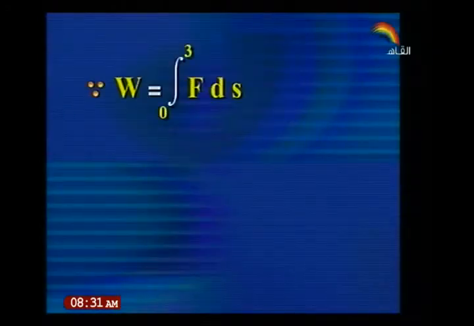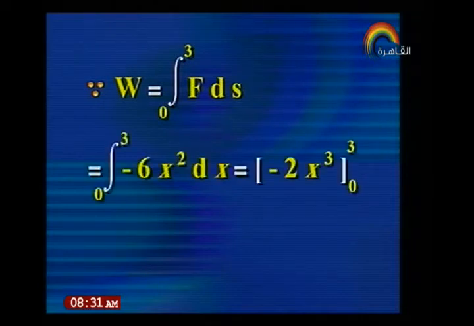Dear student, the work done in this case, we find by integration from 0 to 3 of force ds. What is the F? 6x². Integration of negative 6x² dx from 0 to 3 becomes negative 6x³ over 3, equal negative 2x³ from 0 to 3.